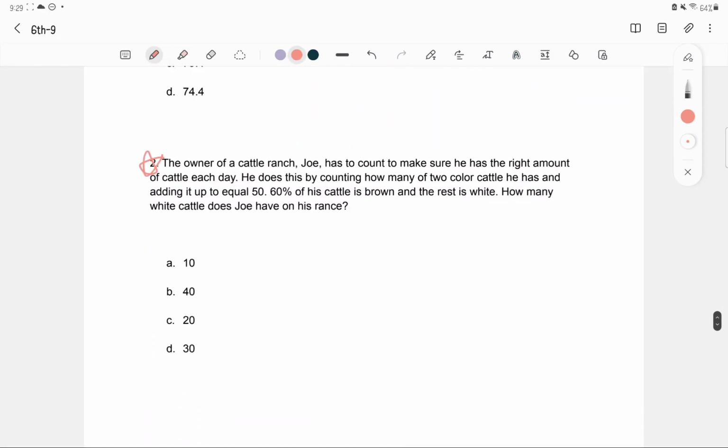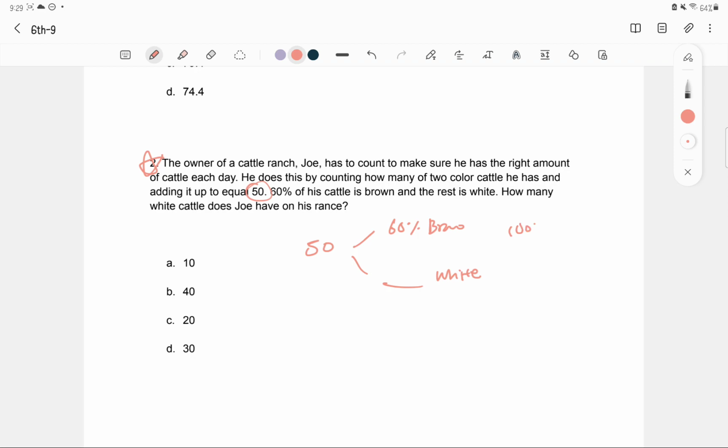And for number 2, the owner of a cattle ranch, Joe, has to count to make sure he has the right amount of cattle each day. He does this by counting how many cattle of 2 colors he has. The total is 50, and he has 60% brown and some amount of white. But as you know, every percentage adds up to 100.